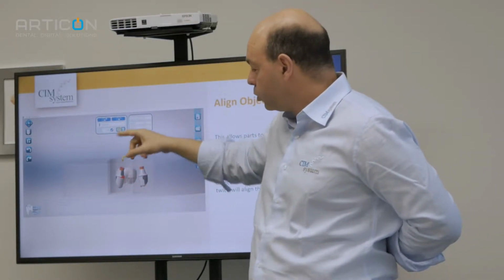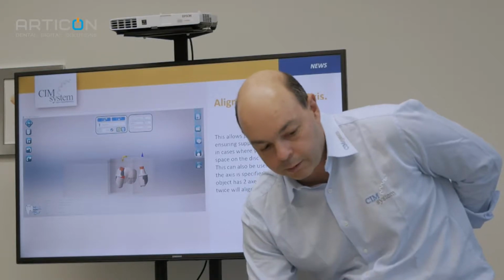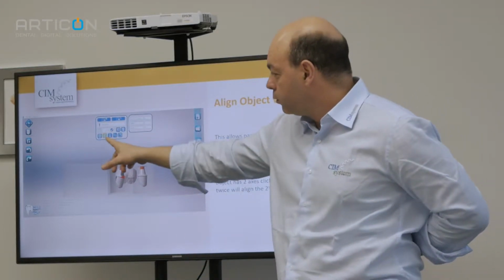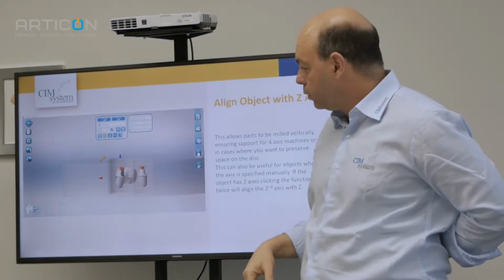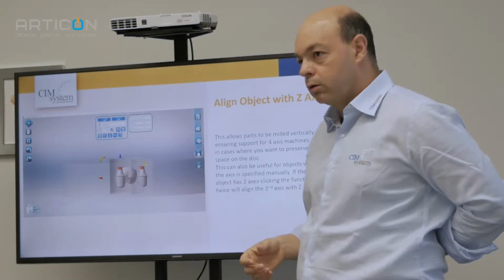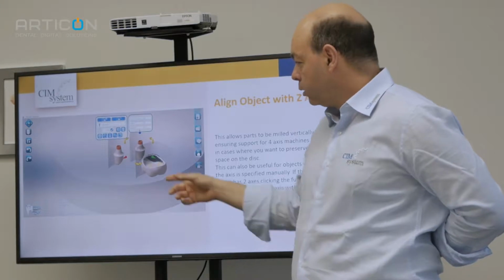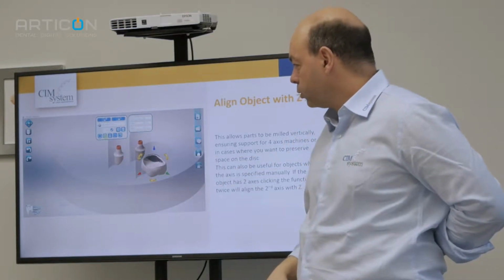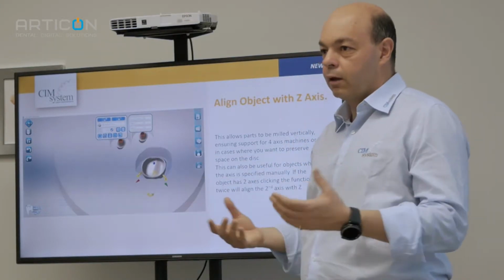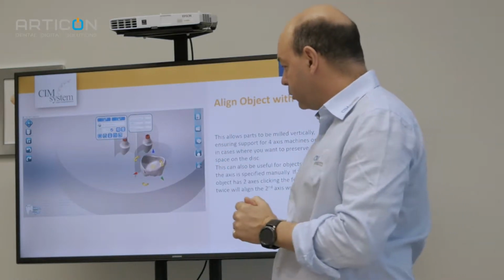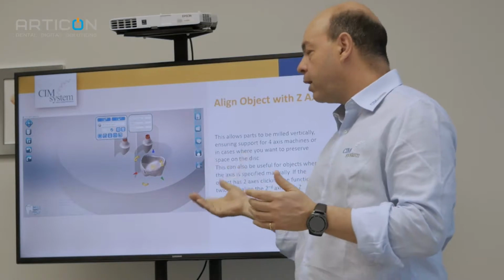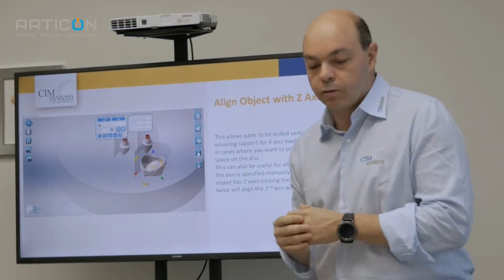Now it's possible with one click to put it in the correct position. I click here, look, I click on the STL, and it's automatically put in a good position. This is for crown, bridge, and so on. Of course, for implant bridge it makes no sense because I have a different position. But for single abutment and crown, I think this is good.